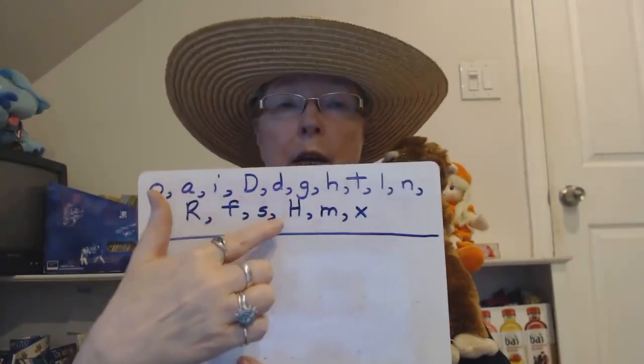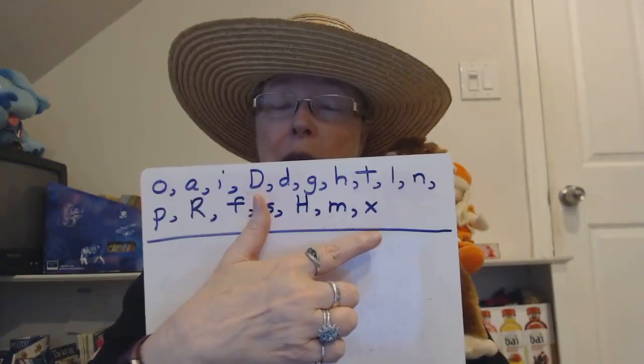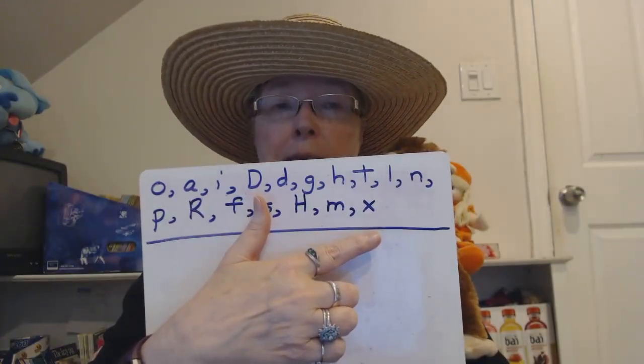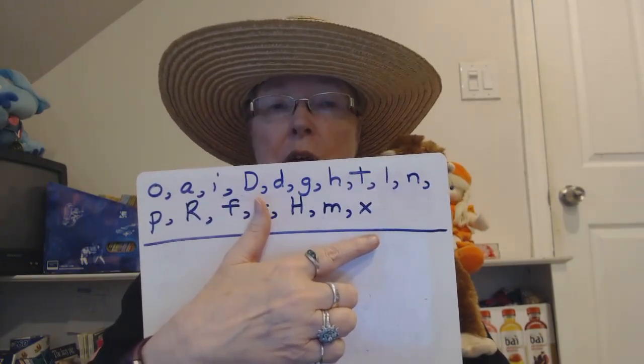We also have an M and an X. We talked about the X in the last lesson. X does not make a sound by itself. It makes a K and an S sound. X, X.